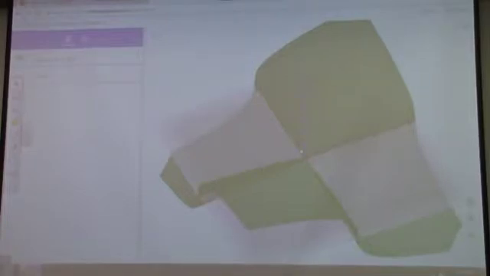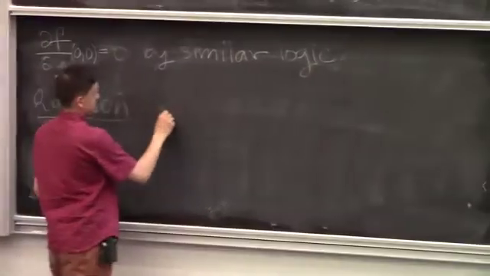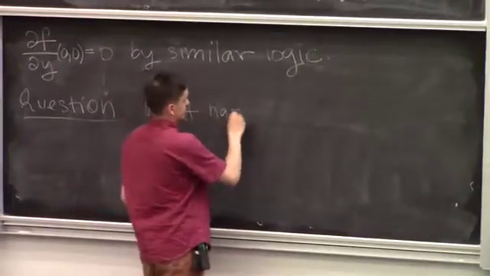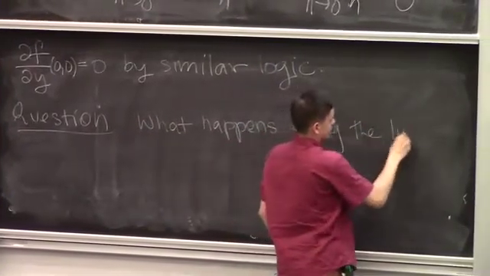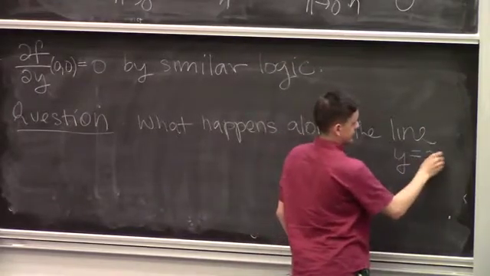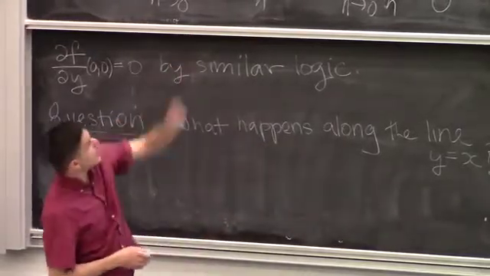Okay, now I want to investigate what happens when we go along the line y equals x. So let's see what happens then. I want to find a different direction of approach to that point there.